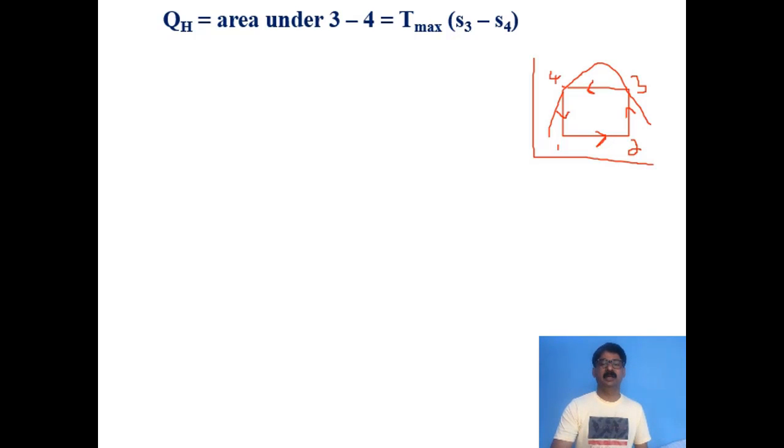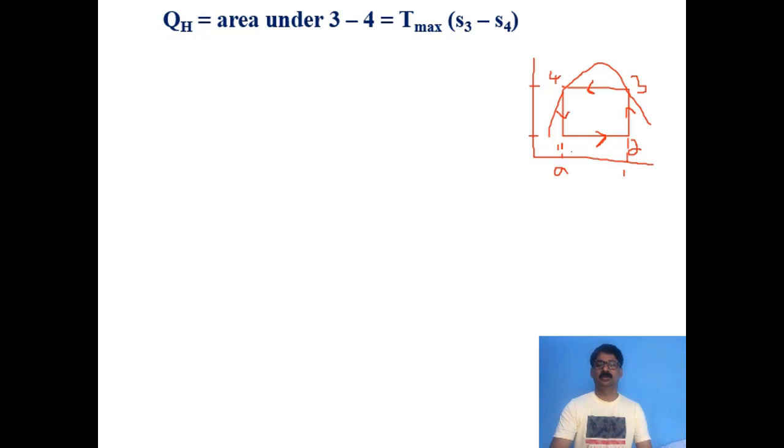So area under 3 to 4 is nothing but, this is T max here, and this is T minimum, or TH and TL, and this area is nothing but this full rectangle from here to here, right? You see this, including this part, full rectangle, I can mark it as AB.